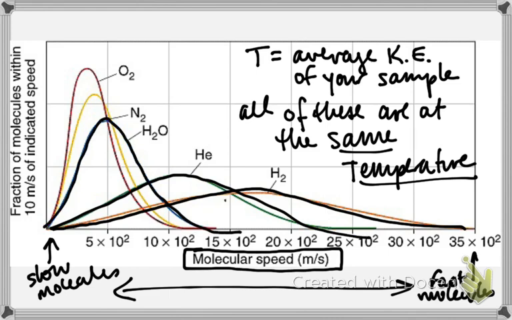So what I want you to do for Monday is to ponder this, all right? You're going to try to extract as much information out of this graph as you can and try to figure out what it means, all right? Because we've been talking about temperature as if it means the same thing as the speed of the molecules. And under certain circumstances, that may hold true. Now we're looking at an example where we've got 5 different kinds of molecules.